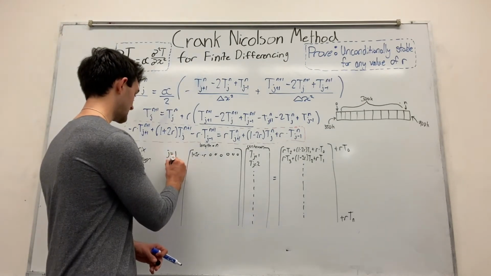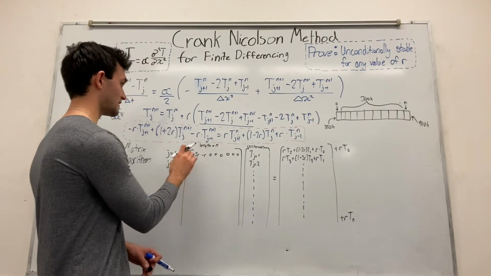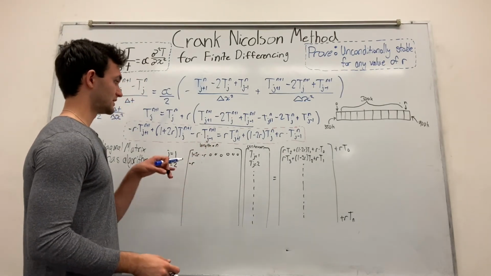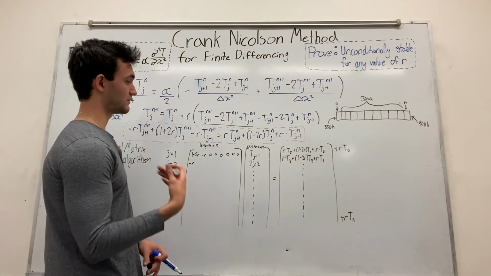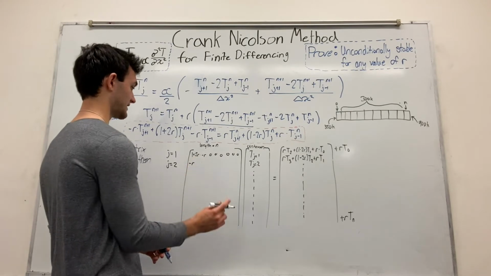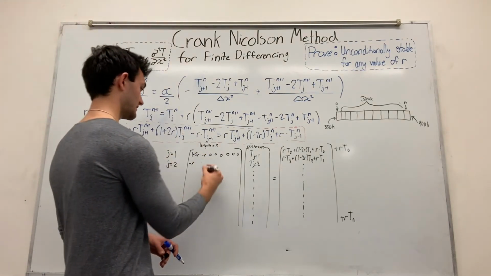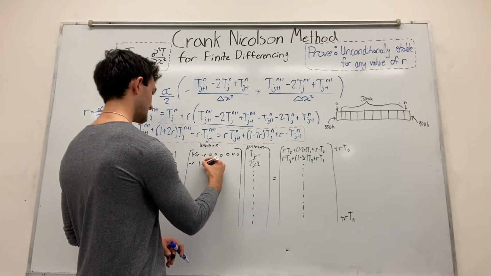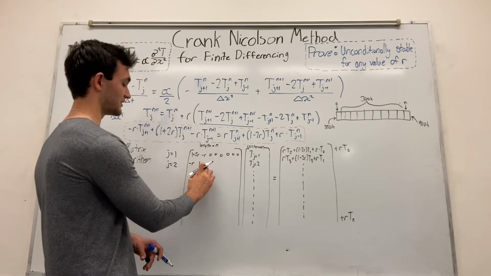Then going down to J is equal to 2. We do actually have an unknown here, so J is equal to 2 minus 1. That's going to be J of 1 time step in the future. So that's where we're going to have our term here. And then J is equal to 2, plugging that in there, the second term in this line is going to be 1 plus 2R.